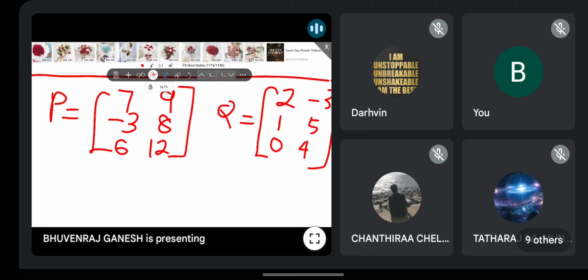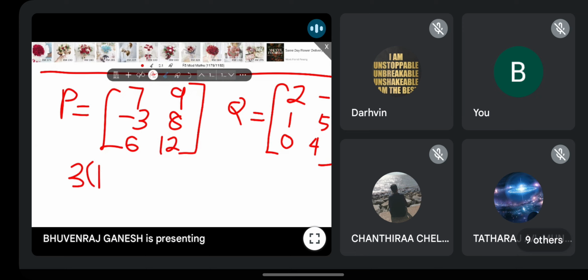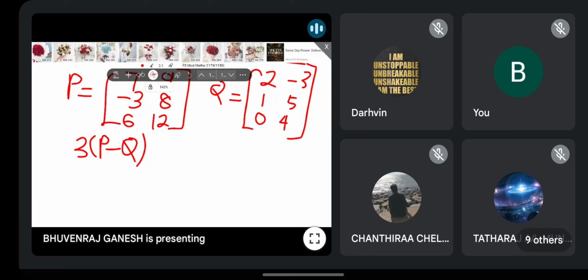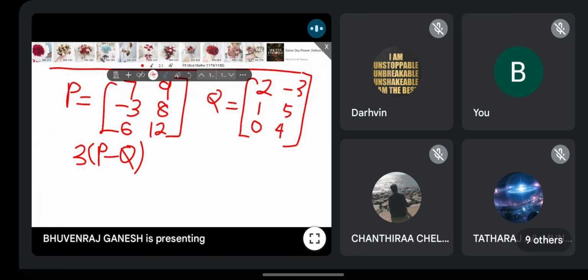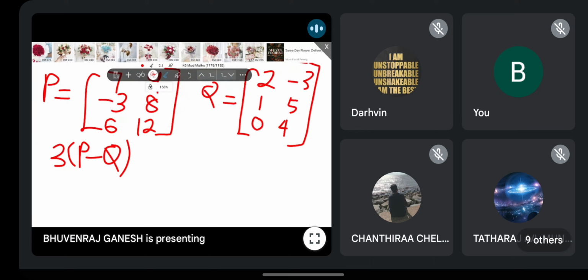So the question is, calculate this one. So guys, how do we do this? First step, what can I do first? This one also you have two methods to solve.